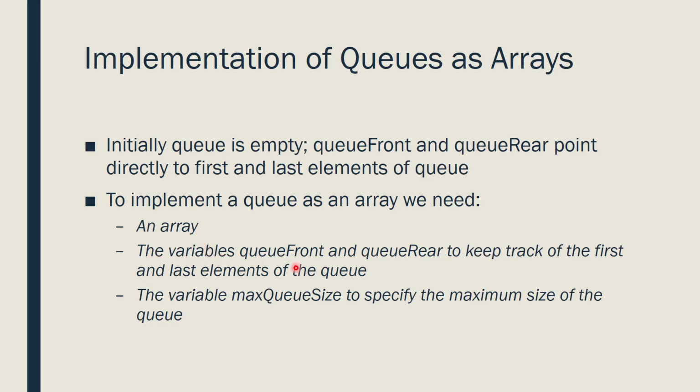These variables will be needed to keep track of the first and last elements of the queue. And the variable max queue size will be used to specify the maximum size of the queue. This will keep track of the number of elements that are already in the queue.